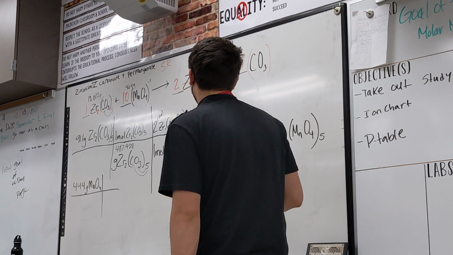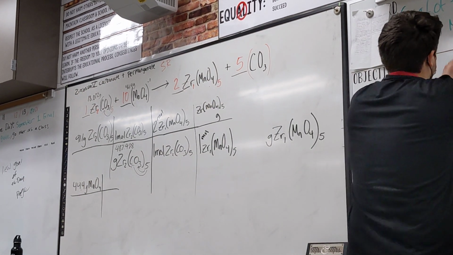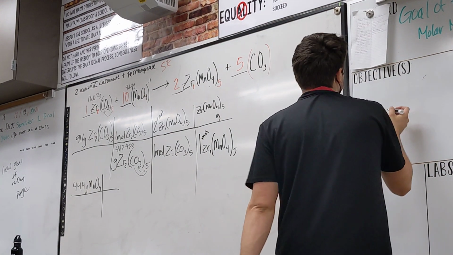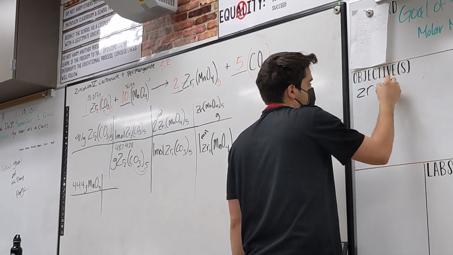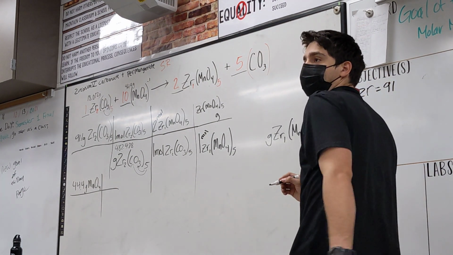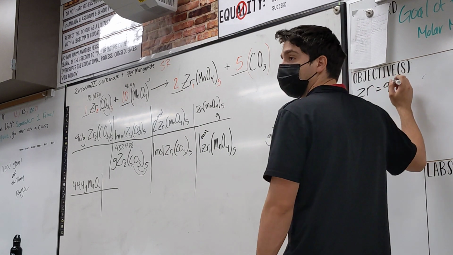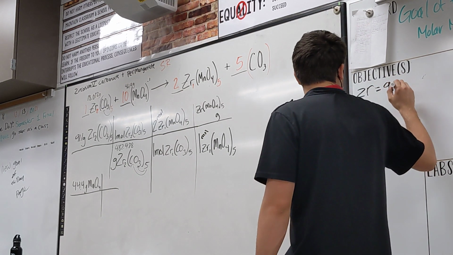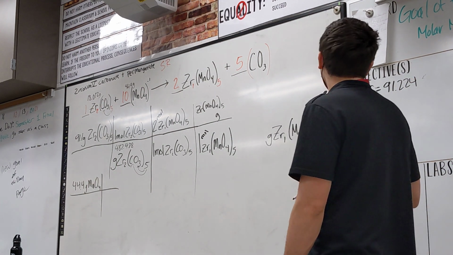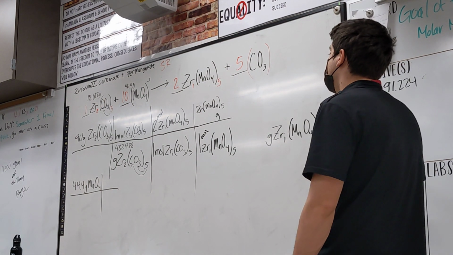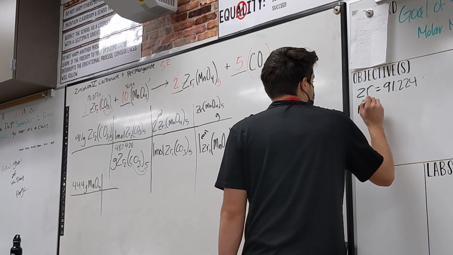So now we got to do this over here. What's the value of ZR? It was like 91 point something. 91.224. You're good. And then what is Mn?